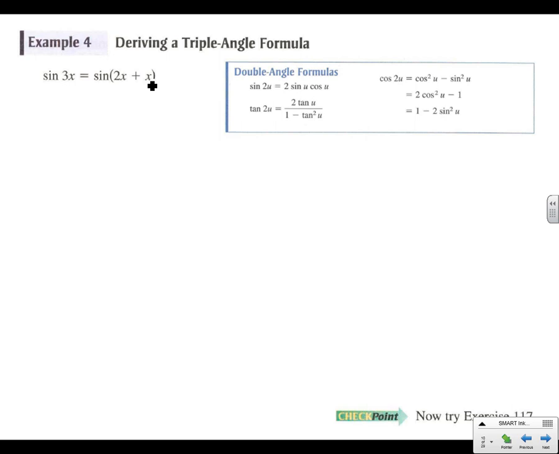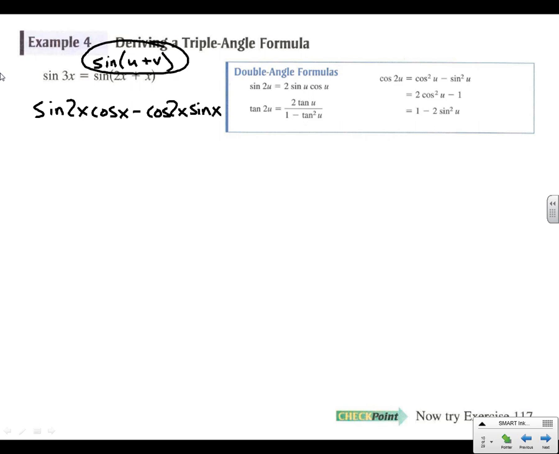On this one, we're going to use from the last chapter where we had the sine of u plus v, we know that that is sine u cos v plus cos u sine v. So if you have to go look that up, go ahead and do that. This is in 5-4. Okay?